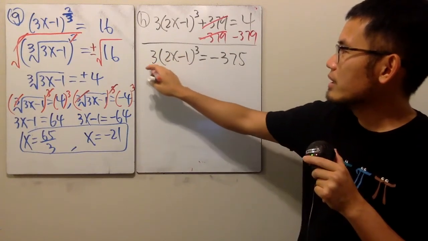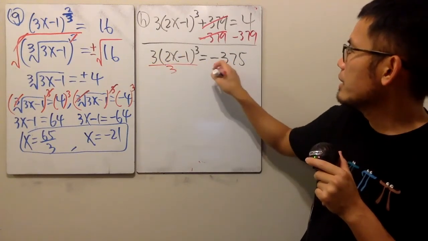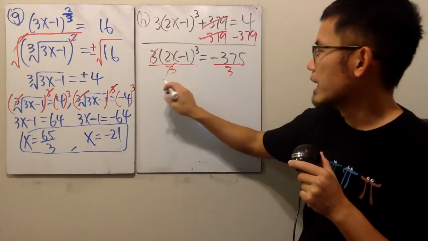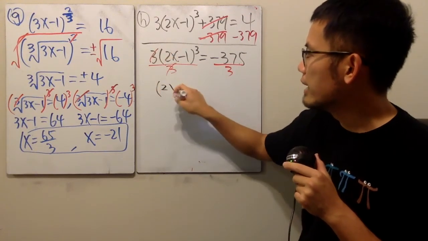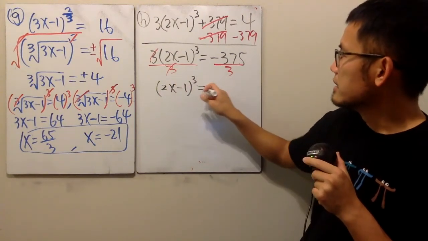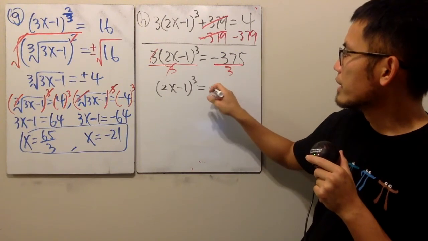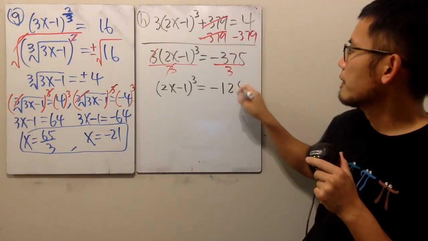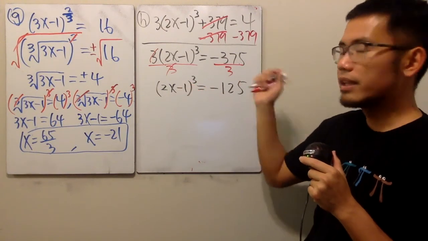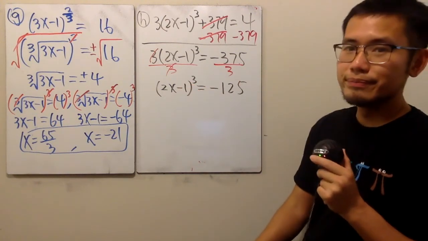3 times this quantity, so we'll divide both sides by 3. This and that will cancel. And then we get parentheses with 2x minus 1 inside to the third power, equal to, when you divide, negative 125. Well, here we have this to the third power equals a negative number. Do we continue?